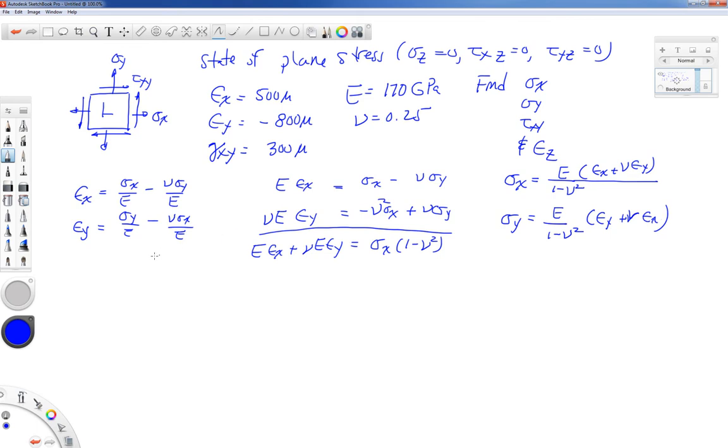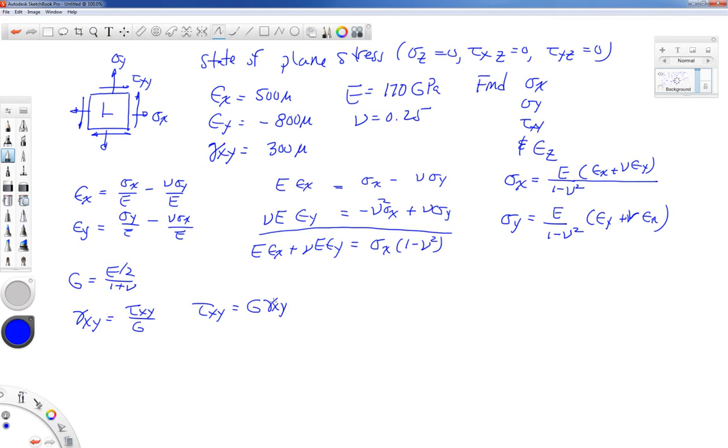Of course, the shear modulus G can be determined by E over 2 divided by 1 plus nu. So I can find my shearing strain equal to tau xy over G. I can rearrange that and find that tau xy is equal to G times the shearing strain gamma xy. And the shearing strain is given.